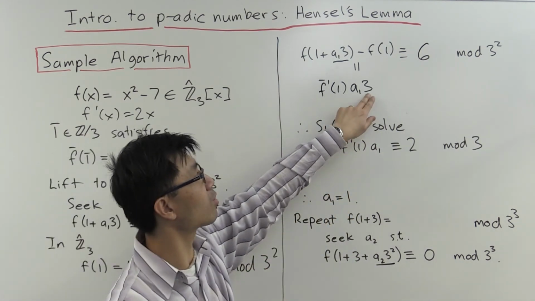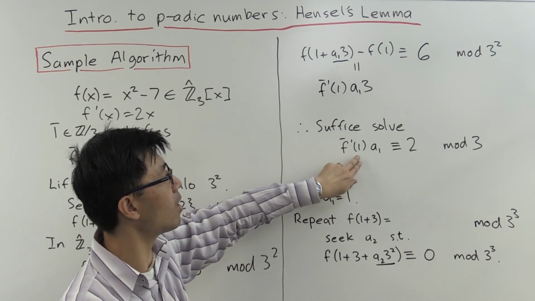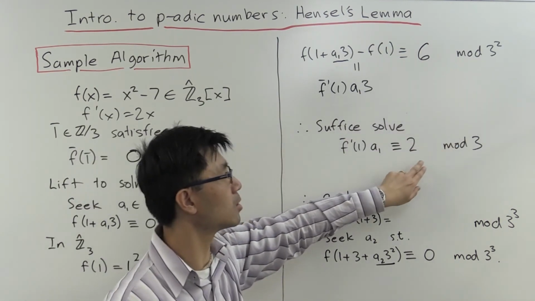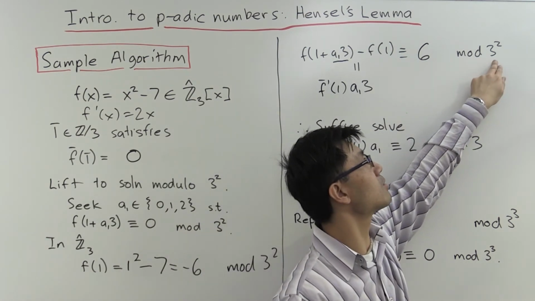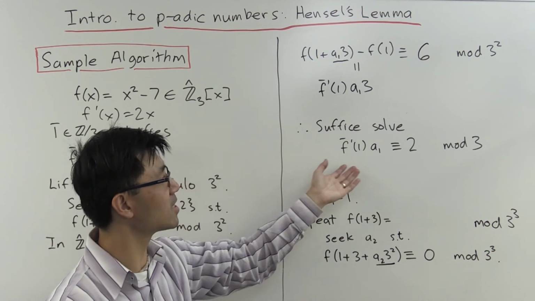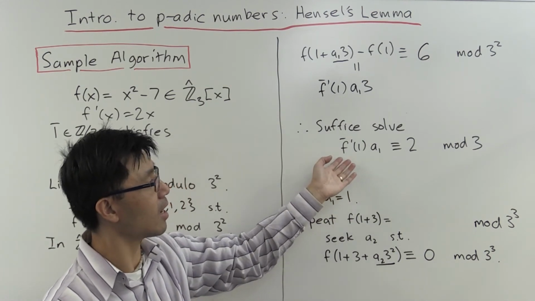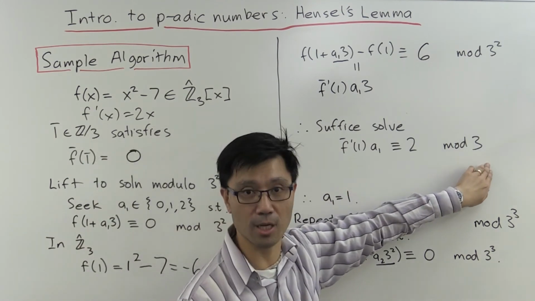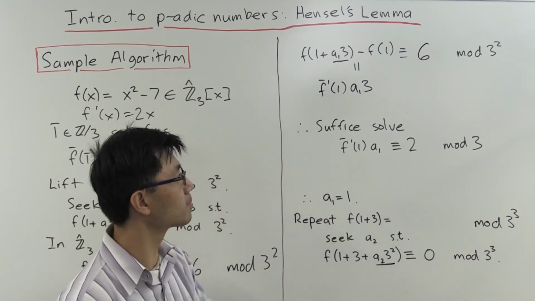We get the derivative at 1 times a1, divide this 6 by 3 to get 2, and divide the modulus 3 squared by 3 to get modulo 3. And now we have, miraculously, an equation which is actually inside Z mod 3. It's an equation modulo 3, and we need to solve it.